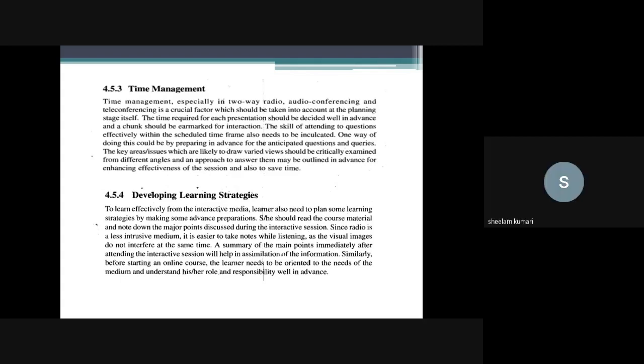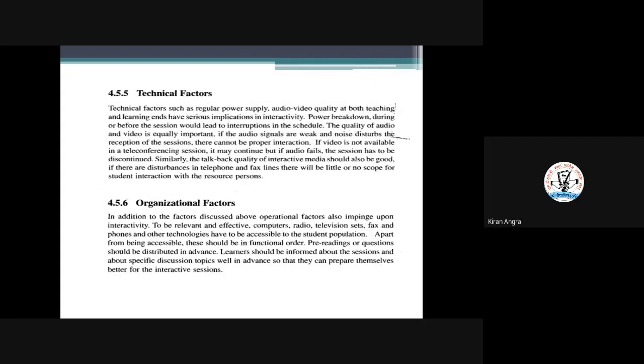Some implications of interactive media are technical errors. You all know that wherever there is technology, there must be a regular power supply. There should be good audio and video quality at both the teaching and learning ends.